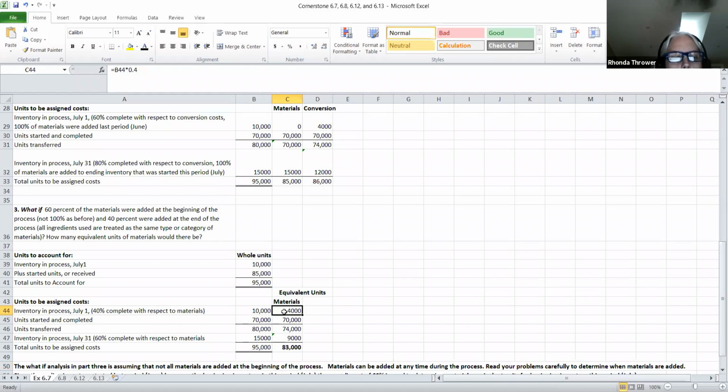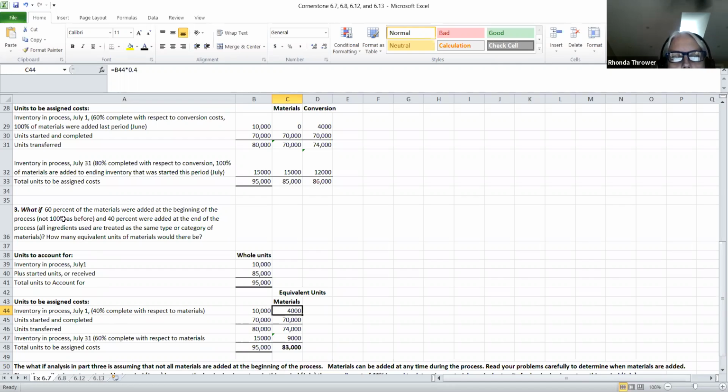This 4,000 is coming from the fact that this is beginning inventory. Remember that beginning inventory comes from your ending inventory from the last period. So the ending inventory for June becomes the beginning inventory for July.